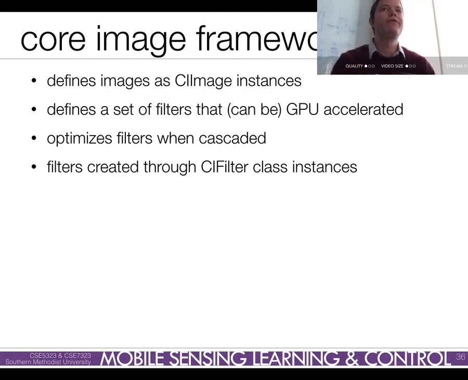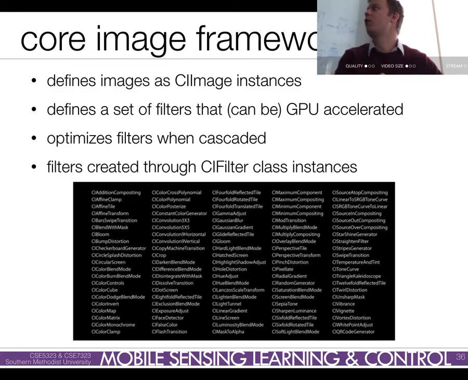The way that we create filters is through an instance of the CIFilter class. These are all of the filters that you have access to in the CIFilter class. Okay? So CIImage is something that's used not only on iOS, but it's also used on OS X. And there are some differences between how you use it on OS X versus iOS.